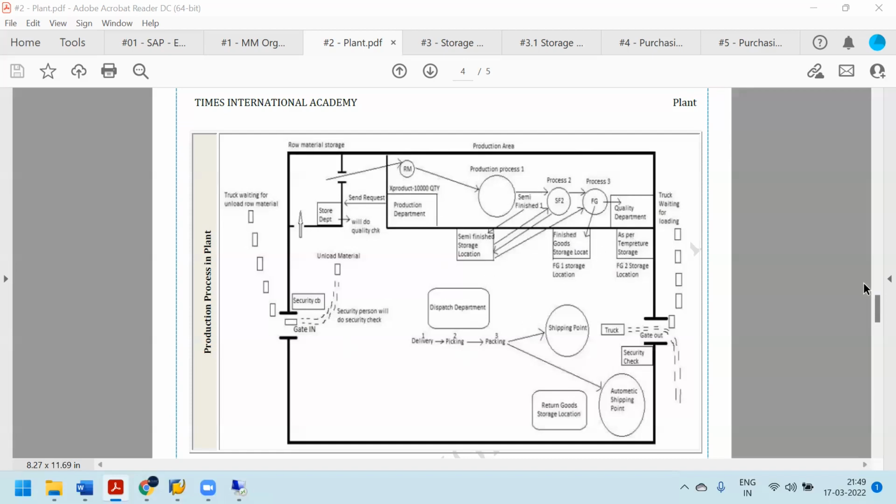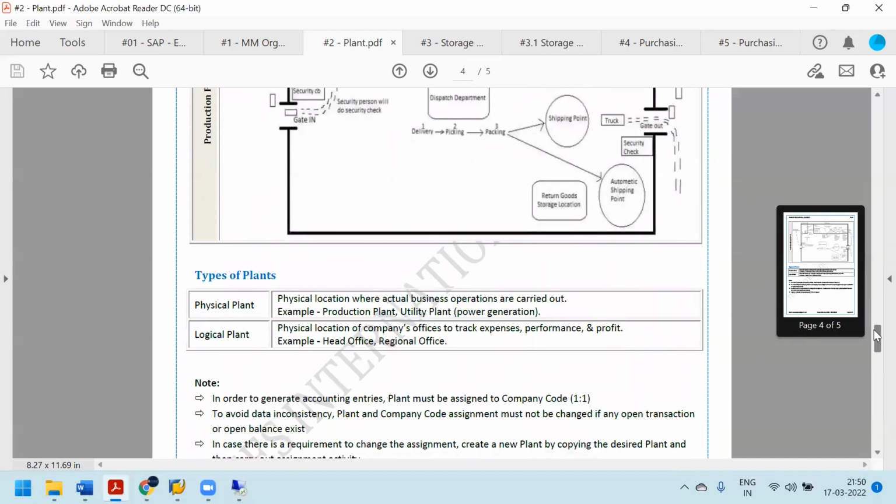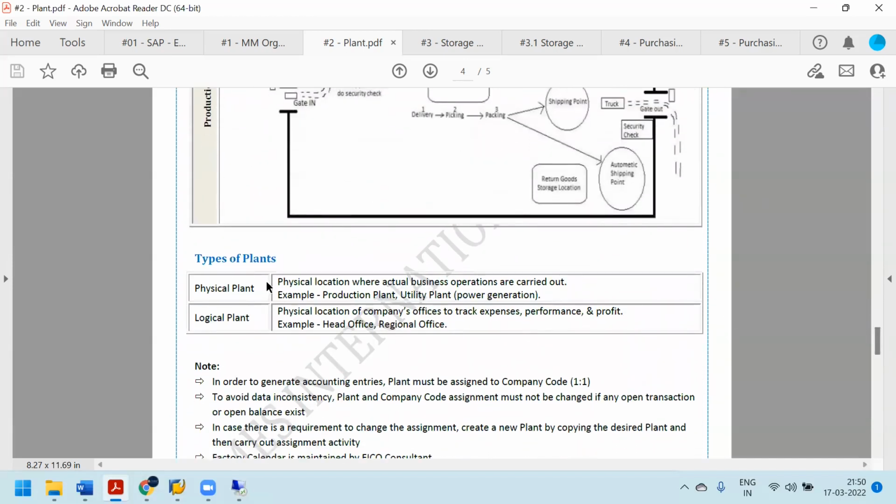All right. So now in this manufacturing facility, we have two types of plants. One is physical plant, another one is logical plant. Physical plant meaning which is actually physically present, and that physical location we are representing as plant in SAP, right? So the physical location where actual business operations are carried out.